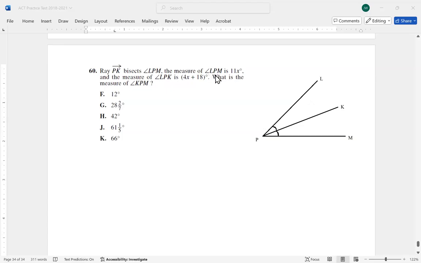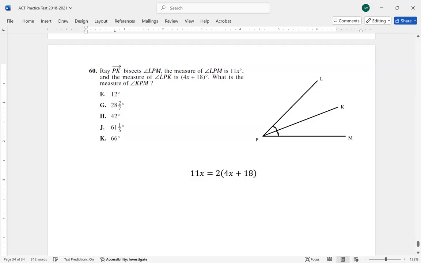Now, LPM is 11x degrees. So the big angle is 11 times x degrees. The littler angle, one of these little angles, is 4x plus 18. That means if I take double the 4x plus 18, that should give me the same thing as 11x.